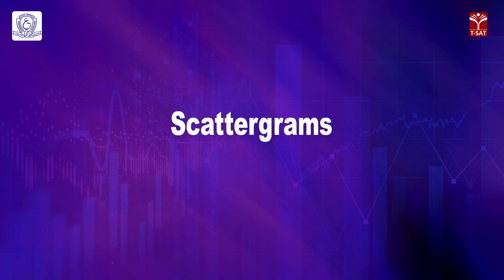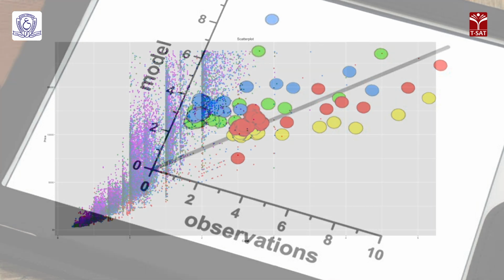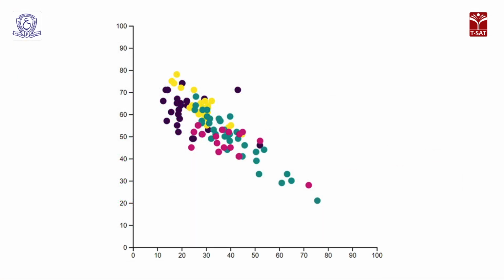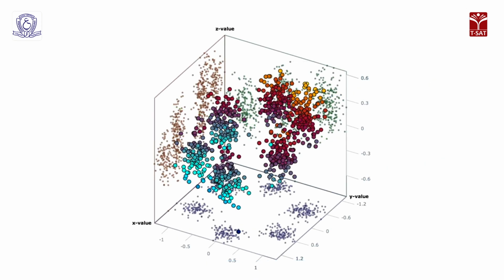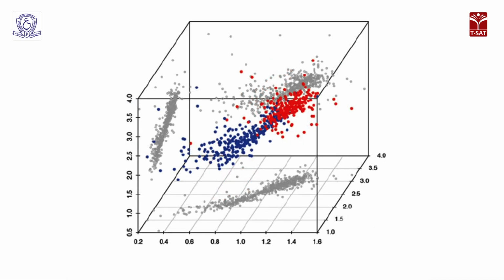Scattergrams. A correlation can be expressed visually. This is done by a diagram known as a scattergram, also known as a scatter plot or scatter graph. A scattergram is a graphical display that shows the relationships or associations between two numerical variables or covariables, which are represented as points or dots for each pair of scores.